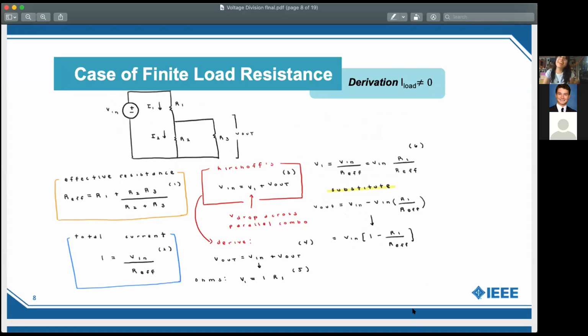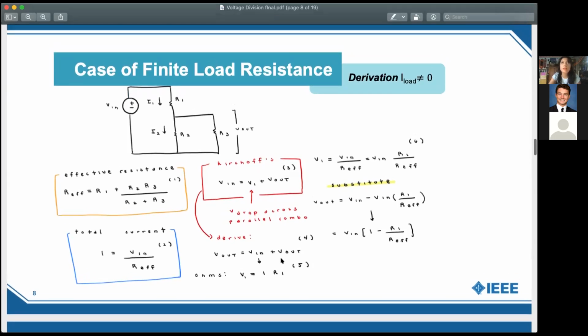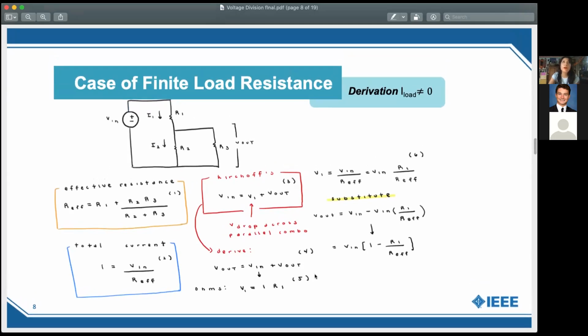Yep. Okay, cool. All right, so this is the case of finite load resistance. This utilizes the effective resistance formula as well as Kirchhoff's current law and total current. So V1, in this case, where you see Kirchhoff's current, is the voltage drop across the parallel combination. That's pointed out in the circuit itself. Then for the derivation, you have to substitute, as you see.